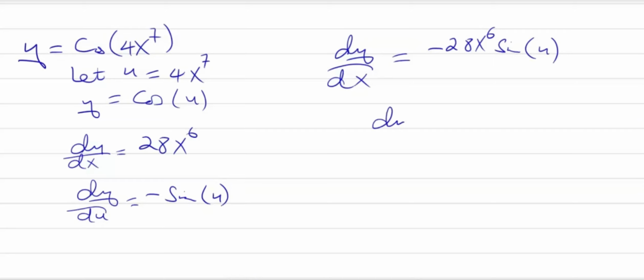We just have to substitute, so dy over dx is negative 28x to the power of 6 sine 4x to the power of 7, and that's it.